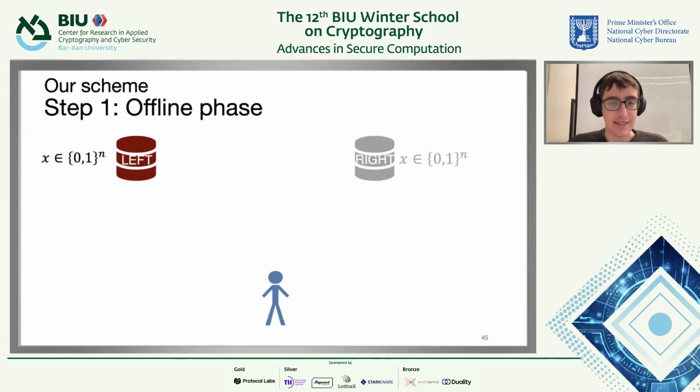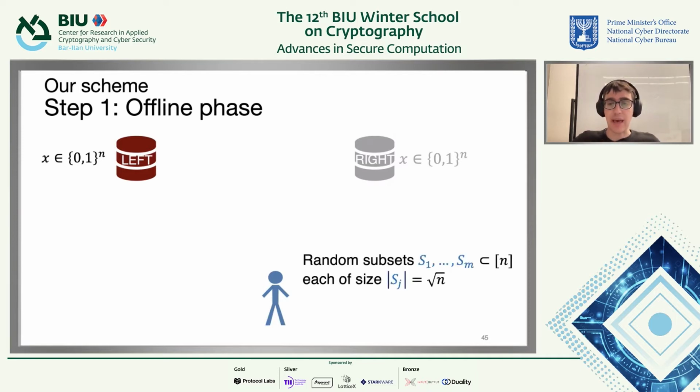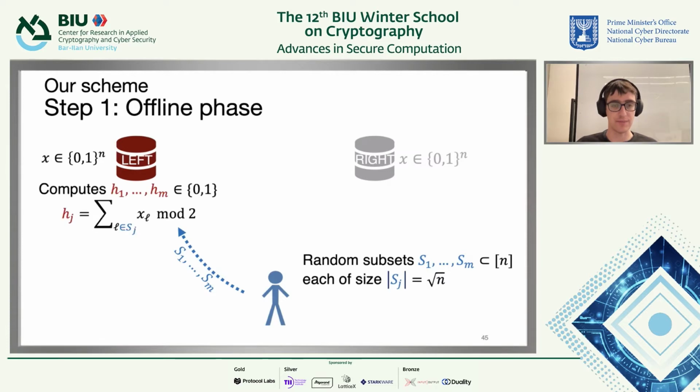So, okay, let's get into that. The protocol begins in the offline phase. Here, the client chooses m random subsets of the universe of indices from 1 to n, where the size of each subset is square root of n. The client then sends the description of these subsets to one of the servers, the left server.